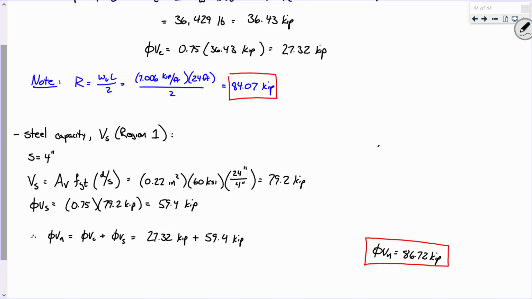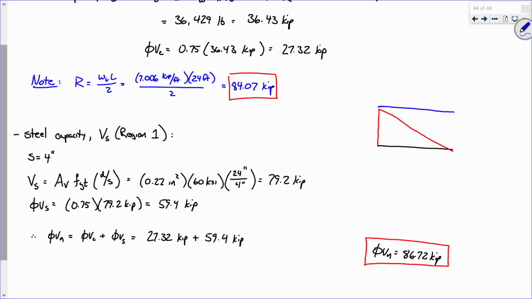In other words, if all I did was use 4-inch spacing everywhere, here's what it would look like. I would have a shear diagram that looks something like that, right? And I'm just going to go off to center line. And my capacity would be just a little bit over that.